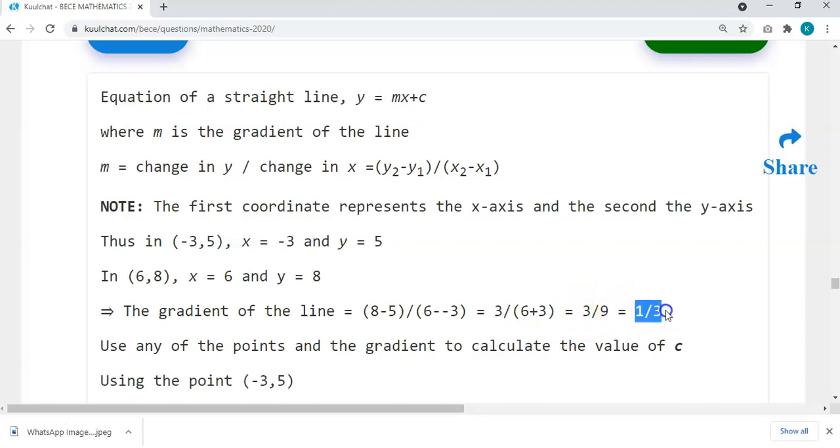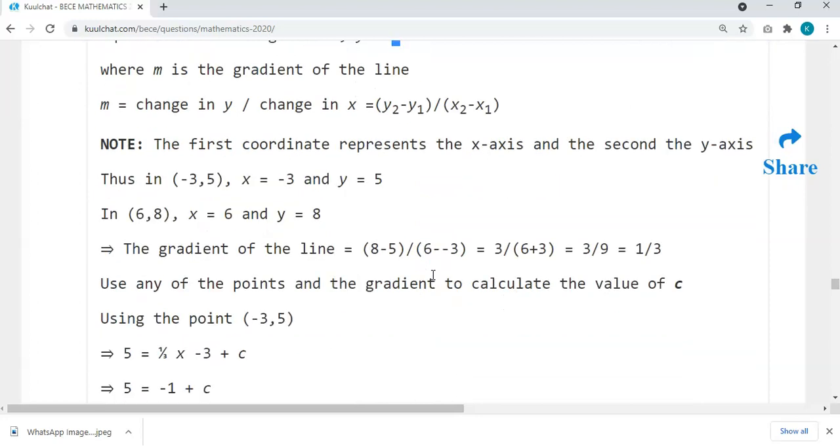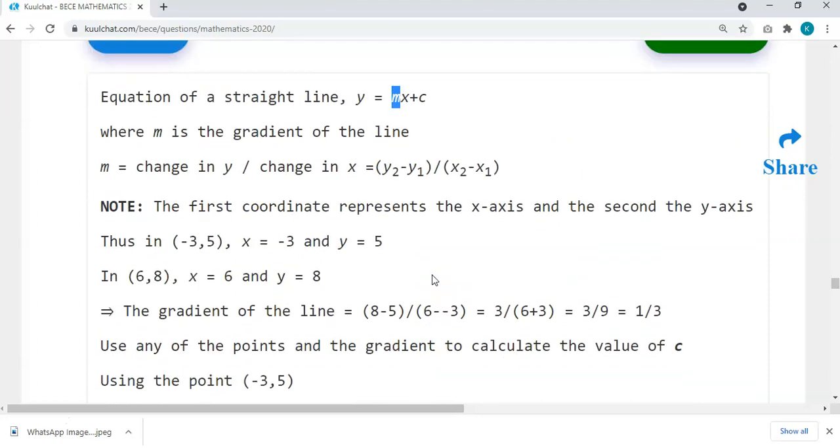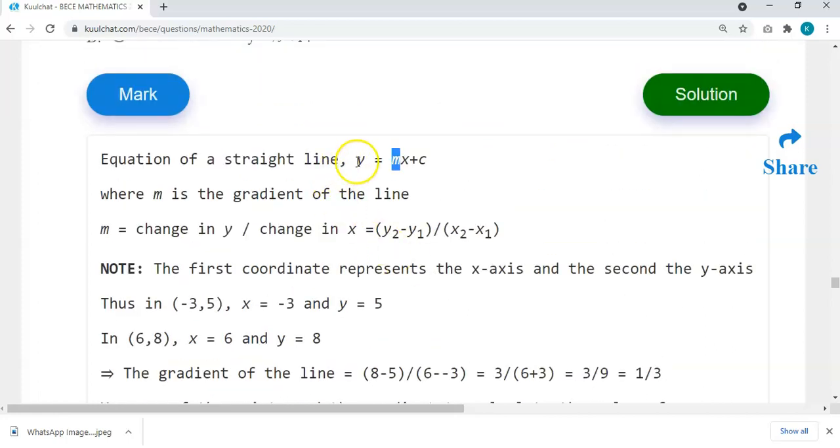And this is our gradient, which is our m value. So we now have our m value. Now you have to calculate for our c value. So now you use any of the points. Since you know y, you know x, and you know our m, you can use any of the points to calculate for our c value.